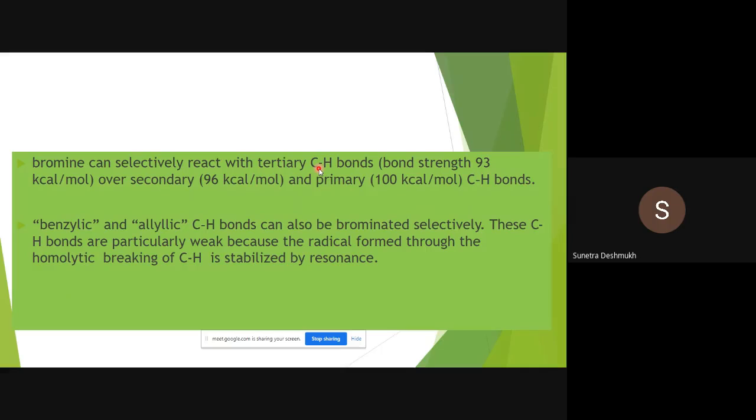That means we need less energy to cleave the tertiary CH bond, so the tertiary free radical forms. Another criterion is why the tertiary free radical is stable: first, to cleave that bond homolytically we need less energy, 93 kilocalorie per mole. Then other criteria like resonance effect and hyperconjugation also get added, and in that way the tertiary free radical is most stable.